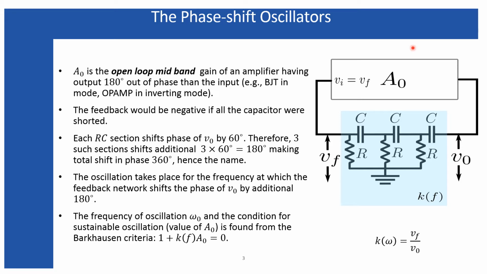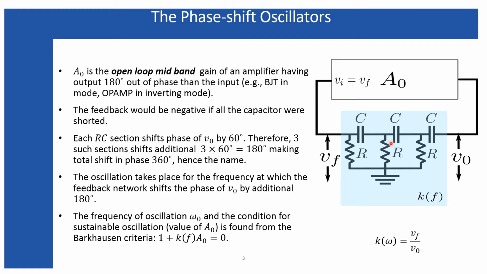Similarly, an operational amplifier with inverting configuration differs in phase of output from the input by 180 degrees. Such an amplifier can be used here, so that the initial 180 degrees due to the input-output phase difference and the additional 180 degrees from the feedback path give a total 360-degree phase difference, and that makes this feedback positive.